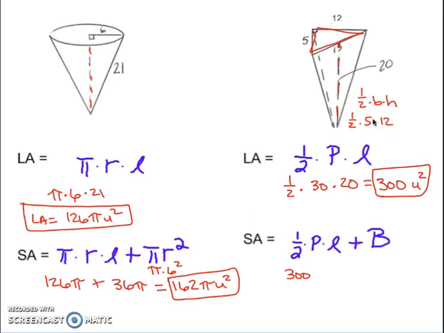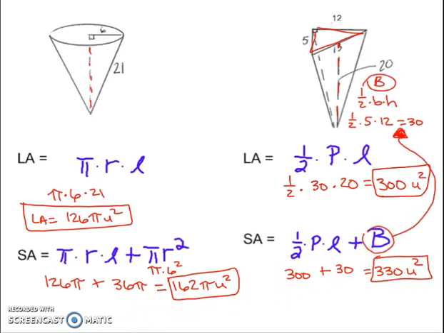So half of 12 is 6, and 6 times 5 is 30. So my capital B is 30. So I would take 300 plus 30, and that would equal 330, and since we're finding area, units squared is what my surface area would be. So here you can see those all labeled.